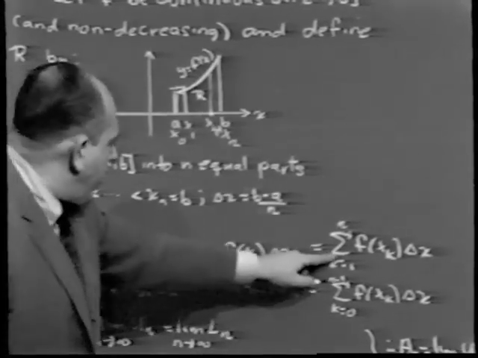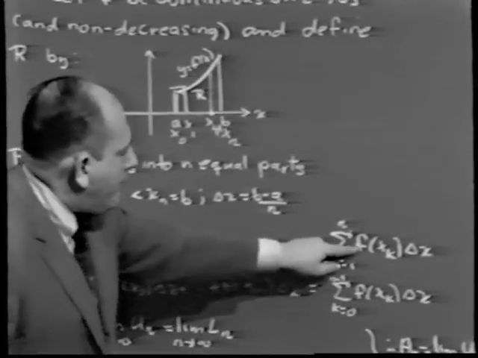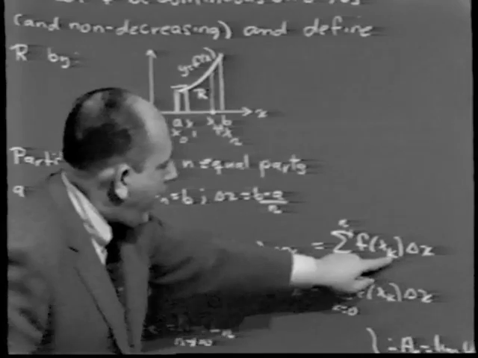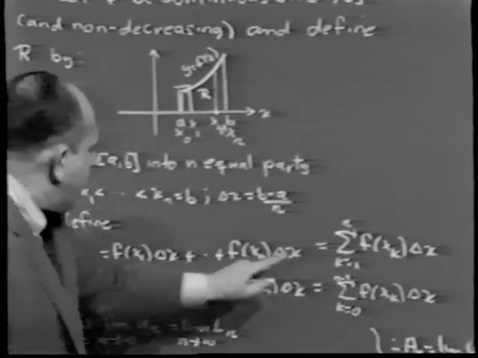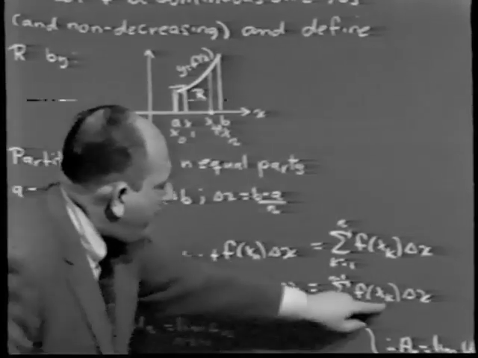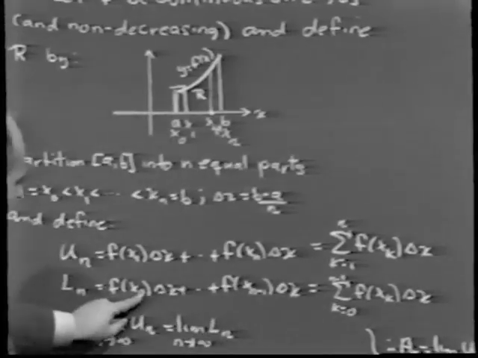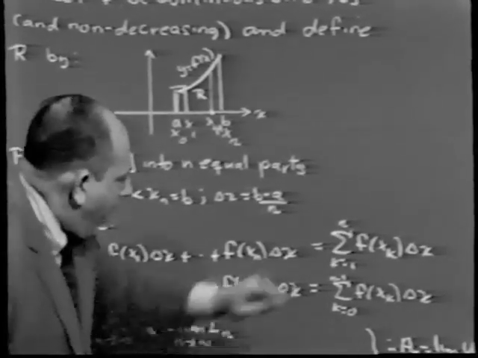The shortcut notation for writing this sum is given by this. We add up f of x sub k times delta x, as the subscript k is allowed to vary from 1 to n. And here we form the same sum, only now the subscript k varies from 0 to n minus 1.